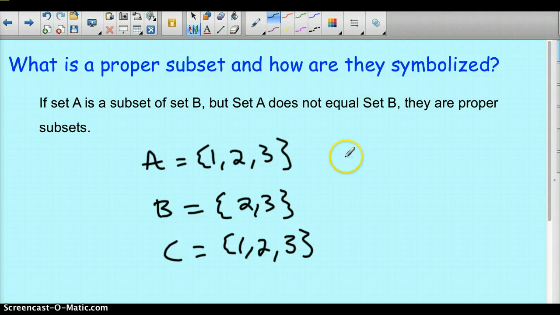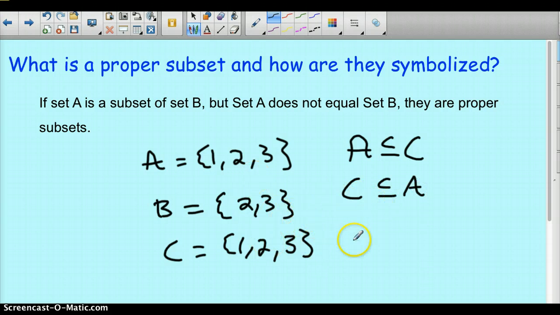Well, I can say that A is a subset of C, because all of the elements of A are in C. I can also say that C is a subset of A in this case. That's legal. That's just subset. All the elements are in there. I can also say that B is a subset of A, and B is also a subset of C. Because notice 2 and 3 are in A and C, but we're talking about proper subset here.